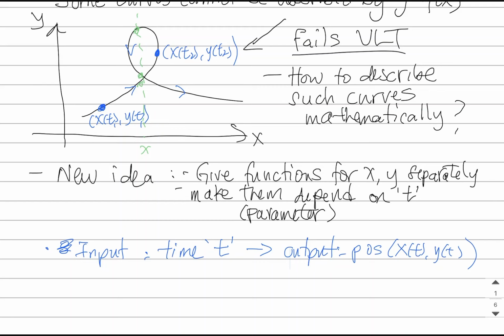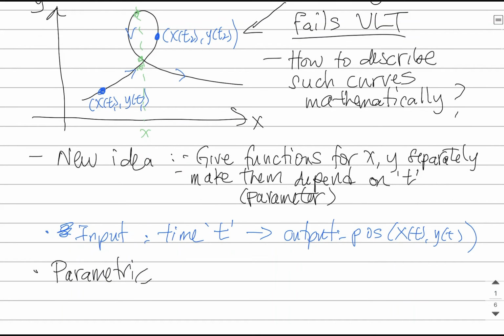So this type of description is a lot more flexible. It allows us to deal with things like loops and curves and closed circles and things of that sort, because you can trace them out at different points in time, and you may end up with the same point in space. So this is what is called a parametric description, because it depends on the parameter t.